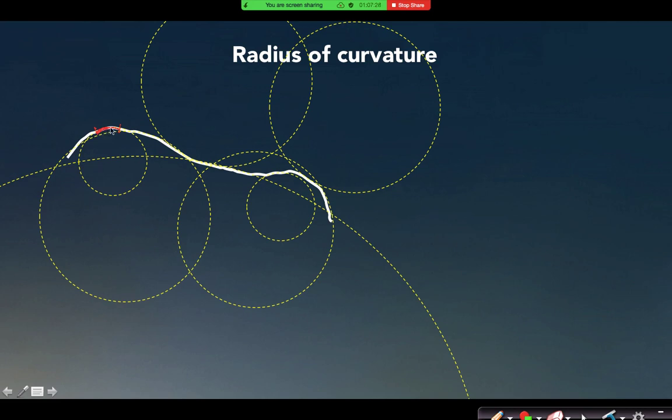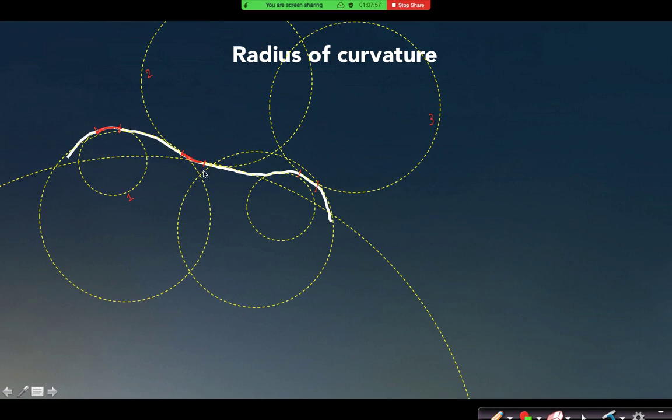Can you see that the small part is a part of this circle number 1, right? This part is a part of circle number 2, right? This part is a part of circle number 3. In that way, you can find that this entire path can be represented by a combination of so many circles.